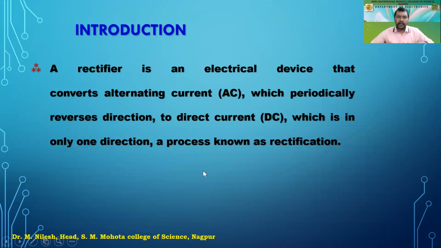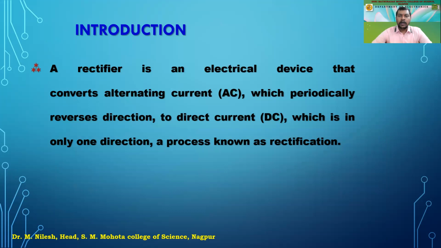What is a rectifier? A rectifier is an electrical device that converts alternating current, which periodically reverses direction, to direct current, which is in only one direction. This is a basic definition. The process of this is called rectification.